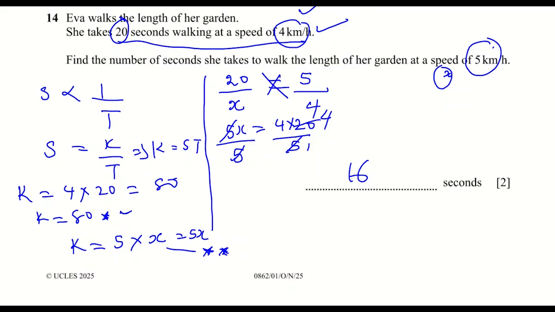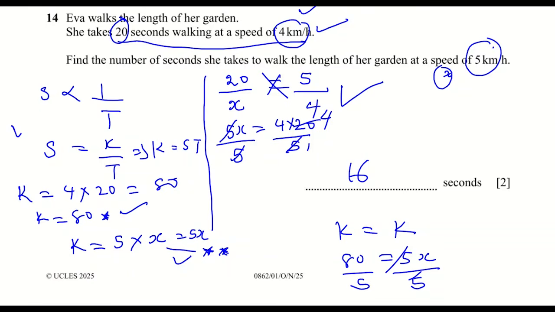So k equals this and k equals this, so you can say k equals k. Then that will be 80 equals 5x. You divide both sides by 5, and you still have 16. If you really understand inverse proportion, this is pretty easy. Otherwise, this will be the better one for you. So let's go to the next question.